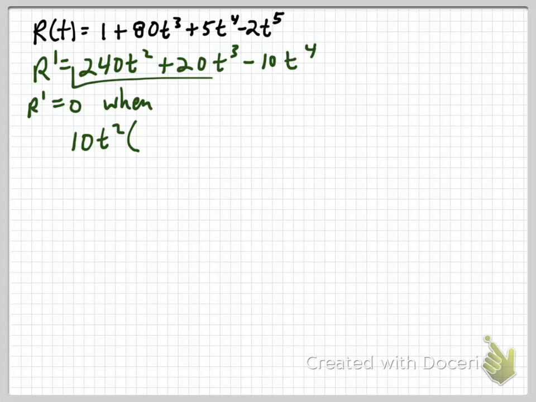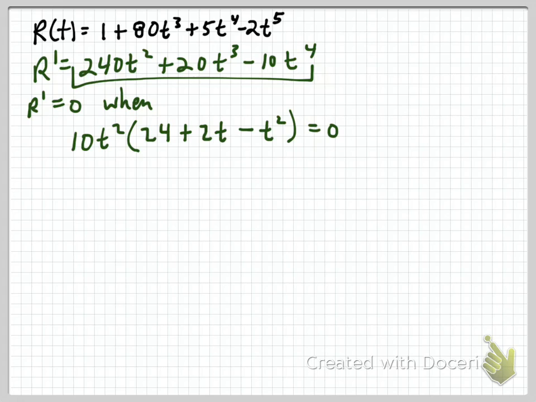So I'm going to set this whole guy equal to 0, but at the same time I'm going to factor out the 10t squared. If I factor out a 10t squared from the first term, I get 24. Factoring 10t squared from the second term, I get plus 2t, going slowly here because this is where it's easy to make a mistake, and then minus t squared.